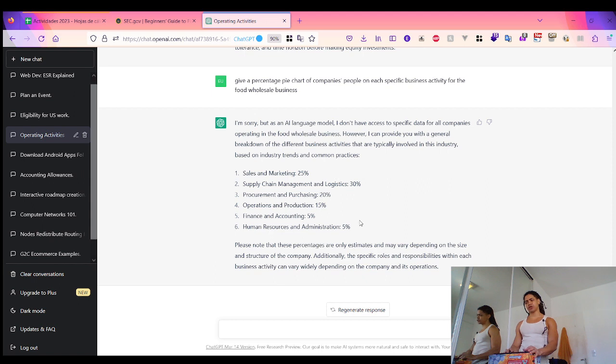This gives me some basic insights of how many people work in some of the business activities, like sales and marketing. And it's funny because they merge sales and marketing into one. Supply chain management and logistics, procurement and purchase, operation and production, finance and accounting, and human resources and administrative.